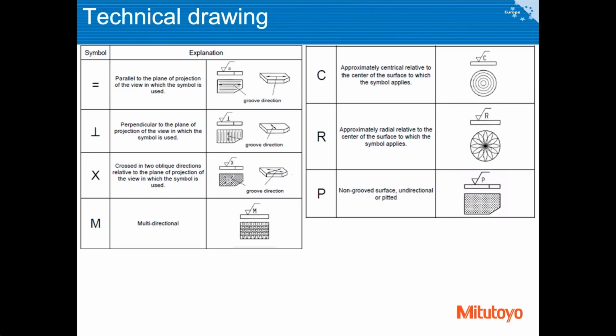Let's say you have very obvious scratch marks in one direction. It means that in order to perform the most reproducible roughness measurement, you want to measure perpendicularly across those scratch marks. And the second advice is that you want to measure the worst produced area.